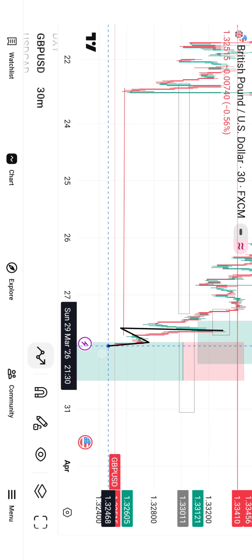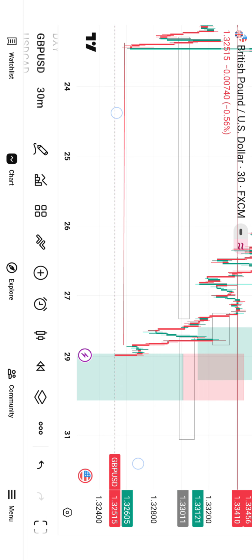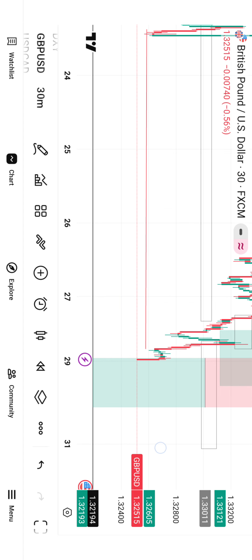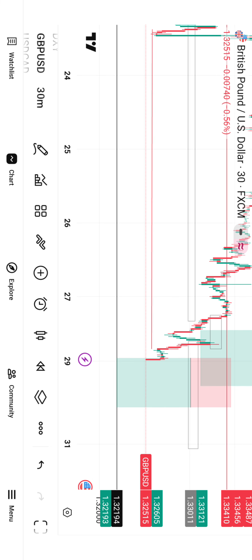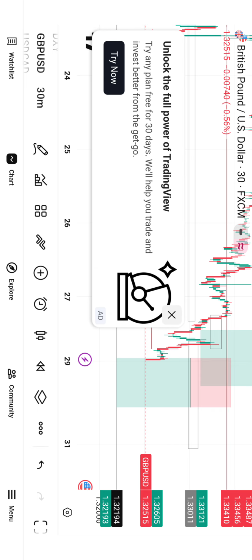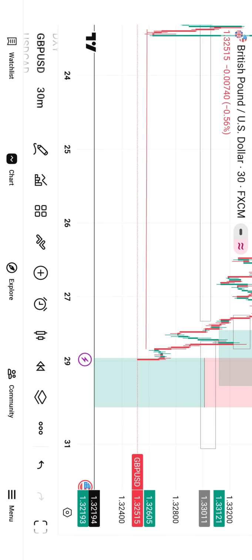When it creates a new fair value gap right here, then on the day of market opening, I would say this particular zone up here should be for sells. The FVG that I know is going to work is the FVG that created another fair value gap. This particular FVG right here broke structure, so we're going to be looking for another FVG below this break of structure, and once it's formed, this particular zone right here is going to be our entry.